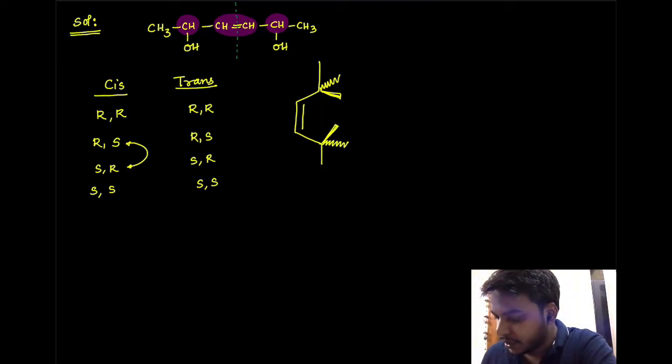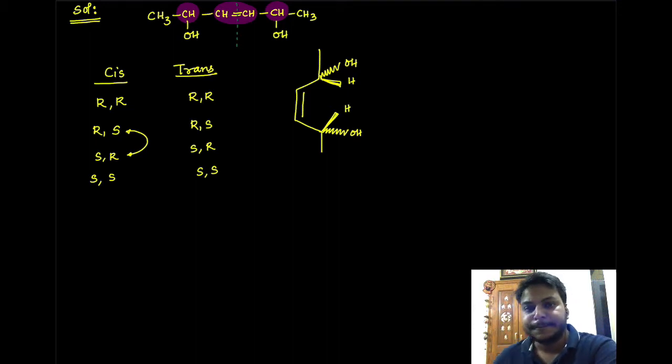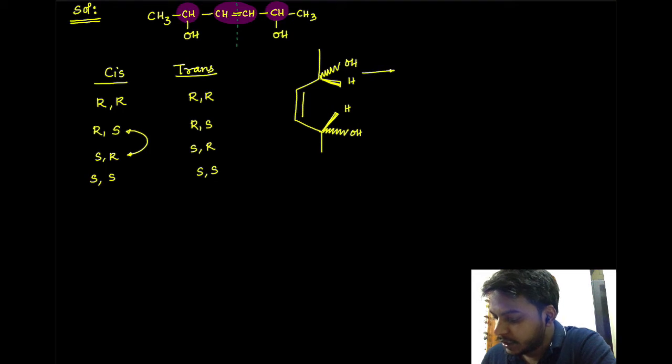So what I could say here, above our methyl, and let's say OH is here and H is here, and OH is here and H is here. Okay. So if this is the case, you can see here if it is R configured, then this would be S configured, or if this is S configured, here it will be R configured.